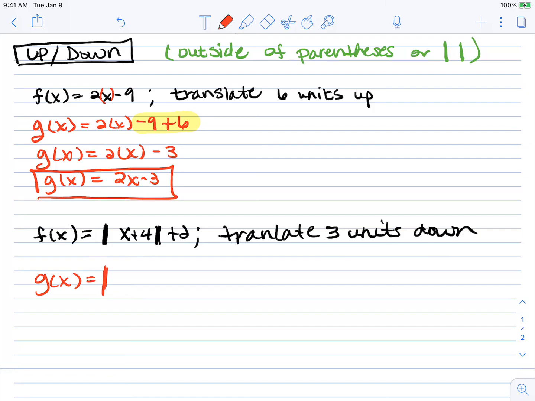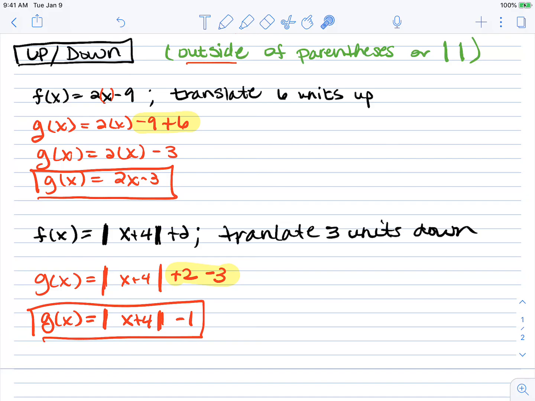So I've got this absolute value, x plus 4, absolute value. So my translation of 3 units down is outside of parentheses. I'm going to bring down my absolute value, and I'm doing 3 units down, so it's minus 3. Okay, so this gives me g of x equals the absolute value of x plus 4, minus 3.